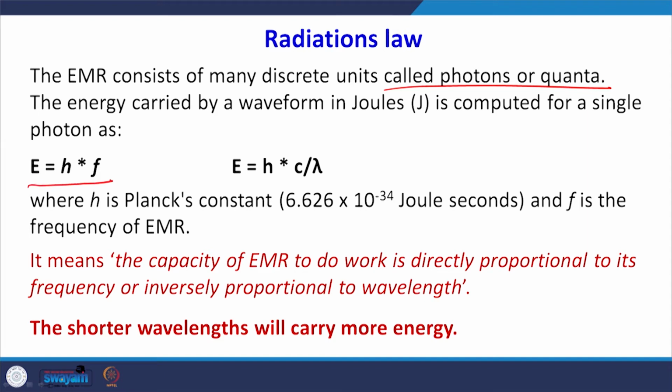E is equal to h into f, where h is Planck's constant. It is a known, fixed quantity, and f here is the frequency of the wavelength in which we are working. So if I know the frequency, I can find out how much energy is carried by that. If the frequency is higher, the energy is higher. If the frequency is lower, the energy is lower.